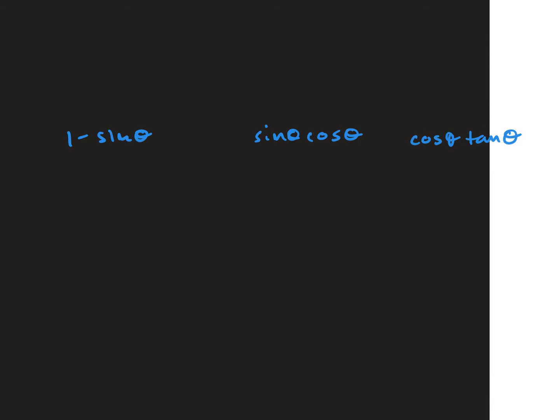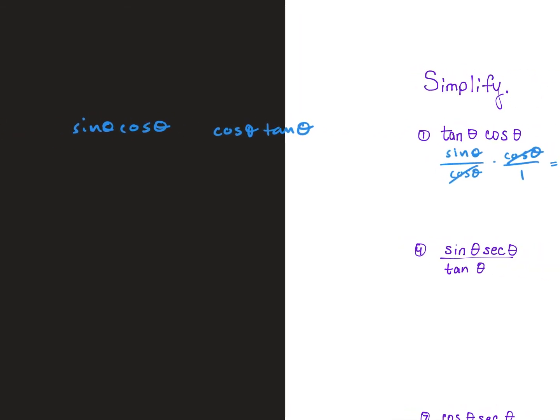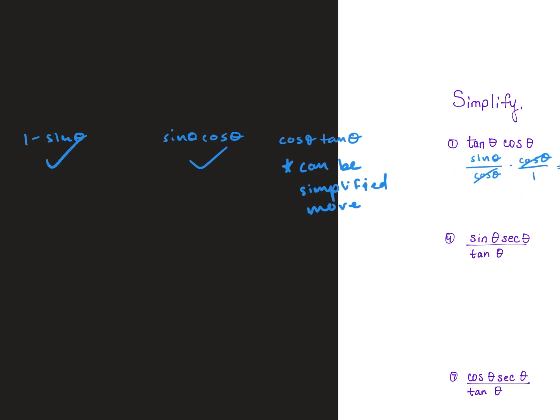But I also can't do anything else here. So this would be a stopping point too. So this one can be simplified more. These two are done. So that's just an example.